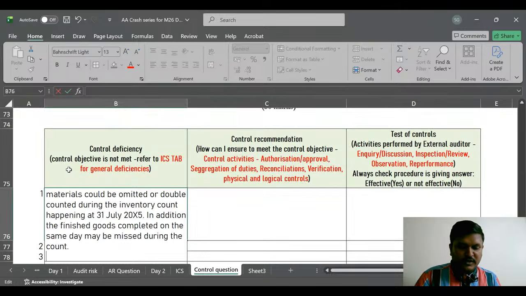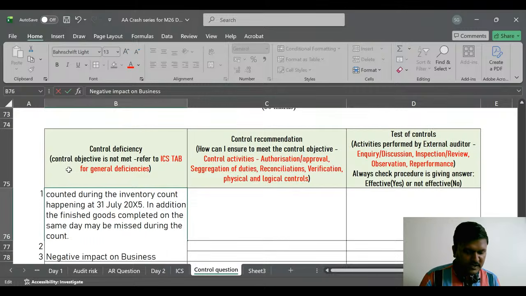Now we are not done. What do you have to do? Negative impact on business also we have to mention. What is a negative impact on business?